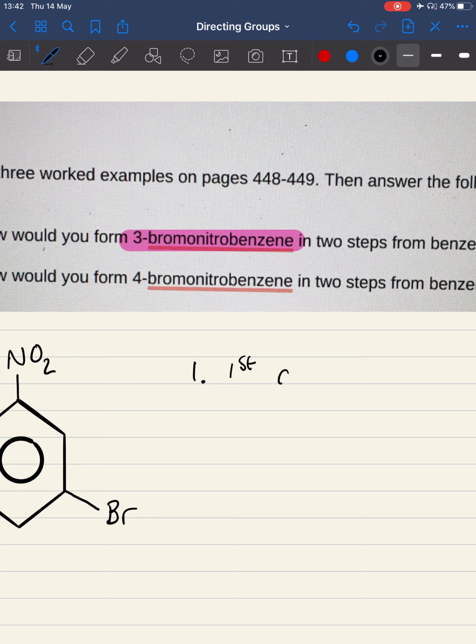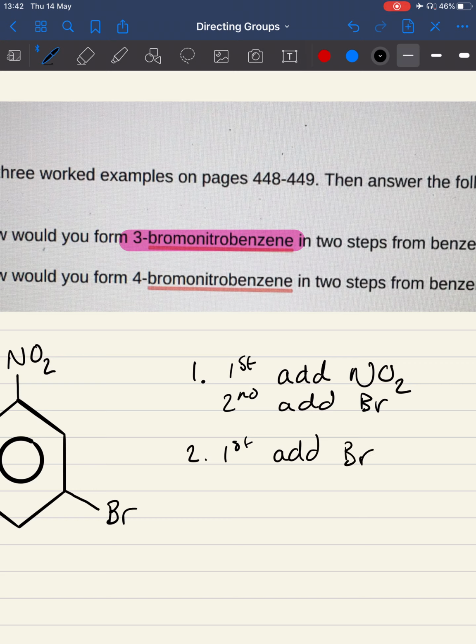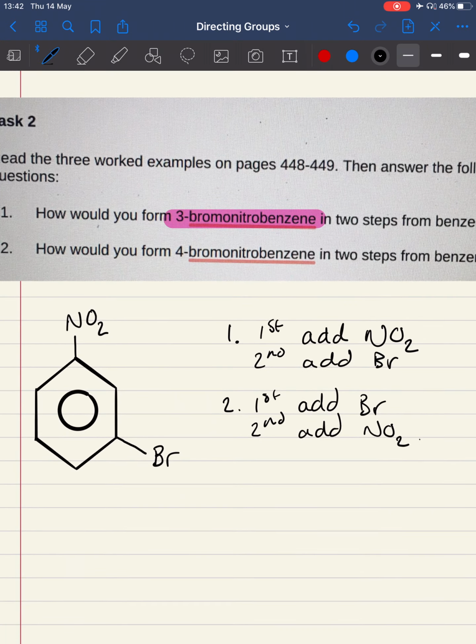First, we add NO2. Second, we add the Br. Or second option is first we add Br, then secondly we add the NO2. We've got to make a decision for this one, which one would work.